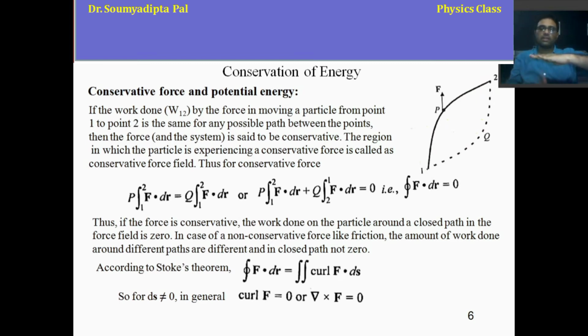So the curl of that force field direction is perpendicular to this, or it can be inclined. That's why we are doing that dot product with that ds. Now what is this ds? ds is basically the elemental surface on this open surface.